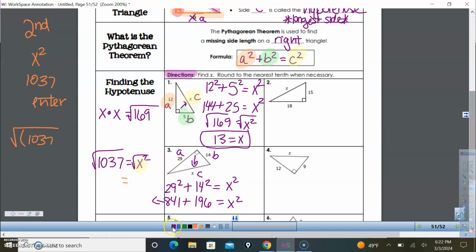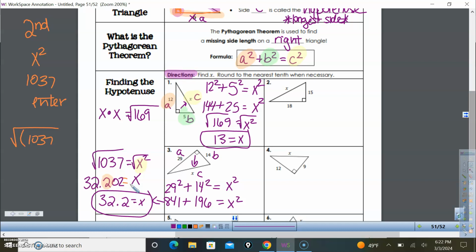When you take that square root, you should be getting a decimal, right? And it said to round to the nearest tenth. So I am getting 32.202, but I do need to round to the tenths place. So I can see my 2 is in the tenths place. That 0 is going to make that 2 stay the same. So 32 and 2/10 is equal to our x value.